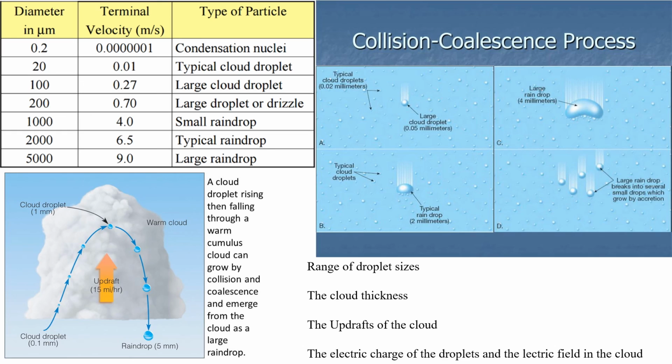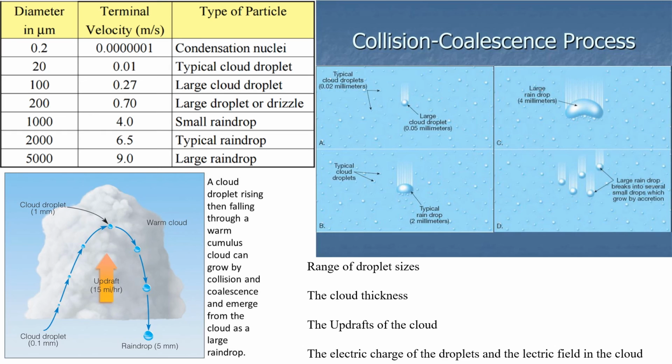Sometimes droplets bounce back and split apart, and surface tension is the force involved. Also, two tiny droplets with opposite electrical charge can attract each other and create bigger droplets. That is the collision and coalescence process.